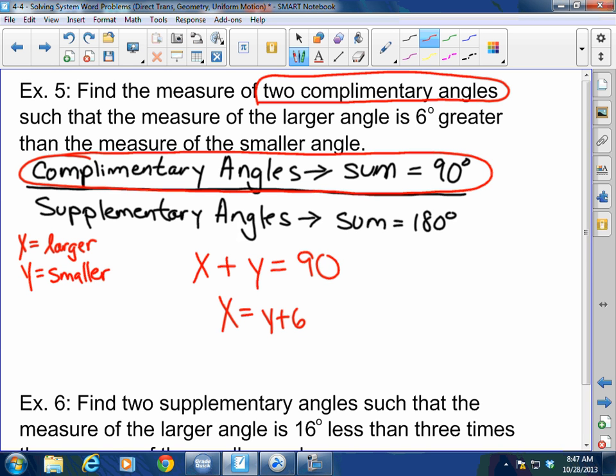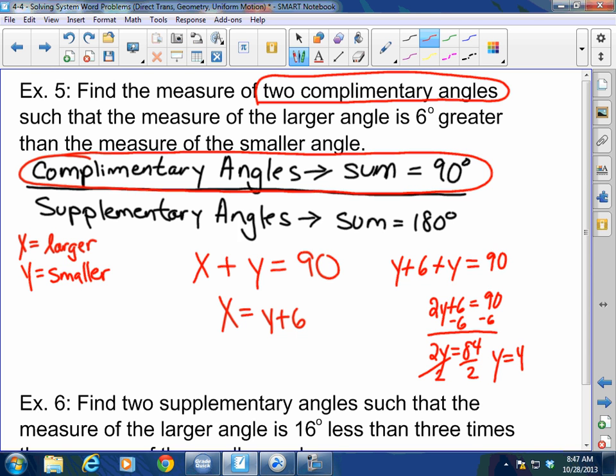Now, I know that I'm going to use substitution here. So X is Y plus 6, plus Y equals 90. I've got 2Y plus 6 equals 90. Subtract the 6. 2Y equals 84, divided by 2. Y equals 42 degrees.